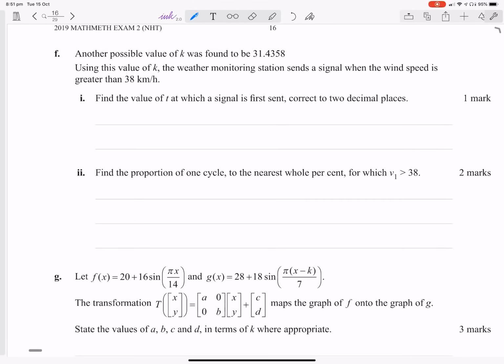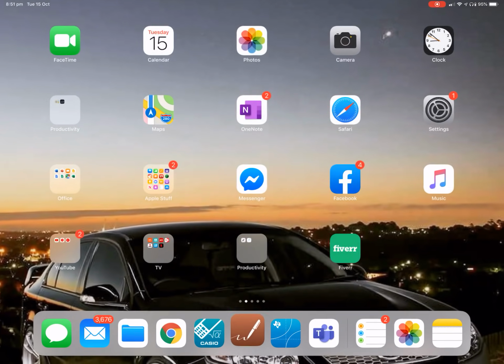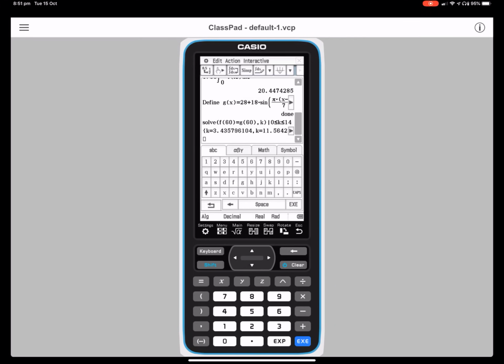Another possibility of k was found, since the wind speed is greater than 30, okay, 31.4358. Okay, so now we can put that in there. 31.4358, was that right?